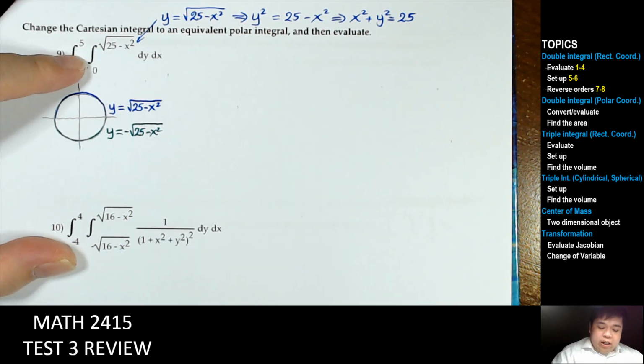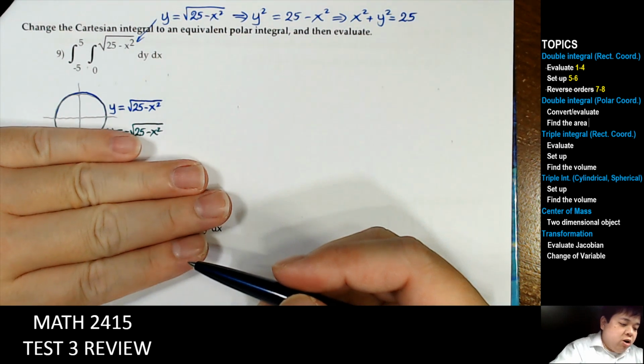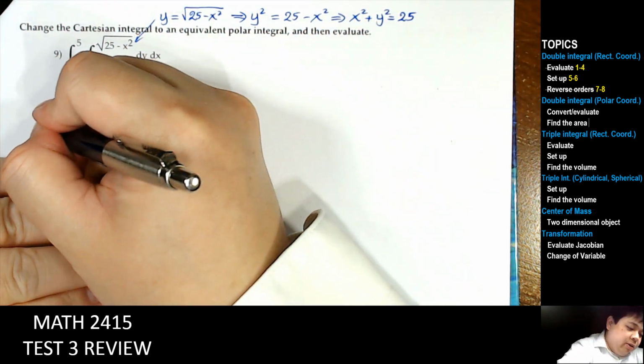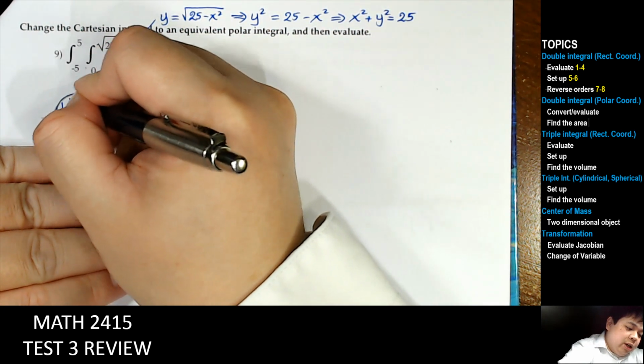Since this one we only go from 0 up, we're only talking about the upper half. And also for the upper half, we go from negative 5 to 5. So we're talking about the whole region here.